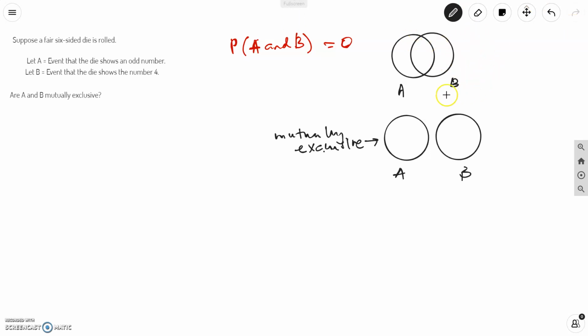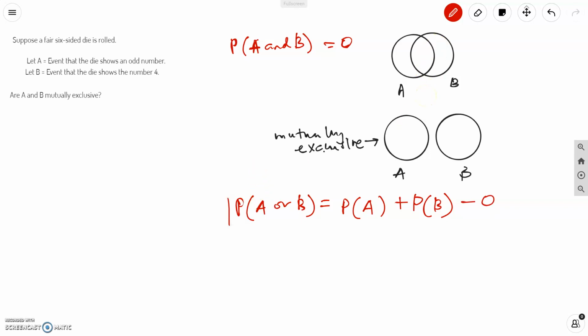This case right here is where they are not mutually exclusive, so they can happen at the same time. Down here we have a case where they are mutually exclusive, they cannot occur at the same time, so there is no intersection between the two. If two events are mutually exclusive, then the probability of A or B becomes just P of A plus P of B. There will be no intersection because the intersection is essentially 0.